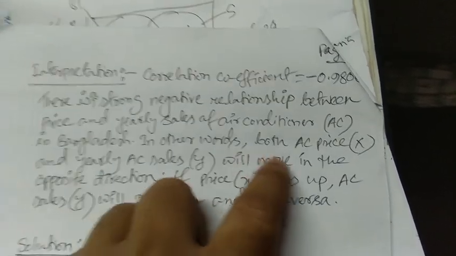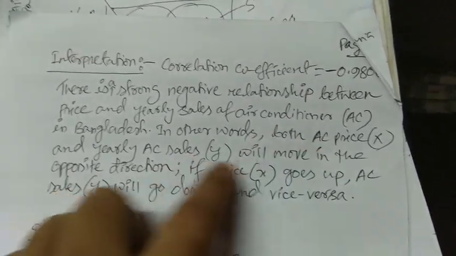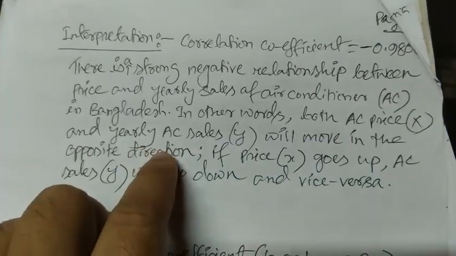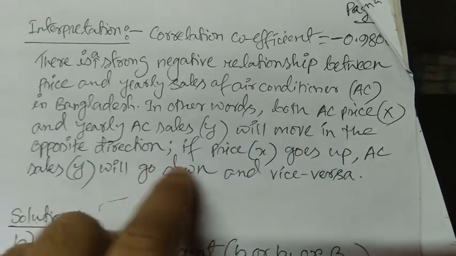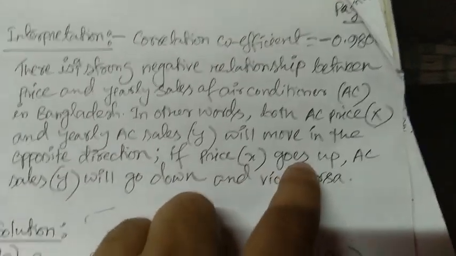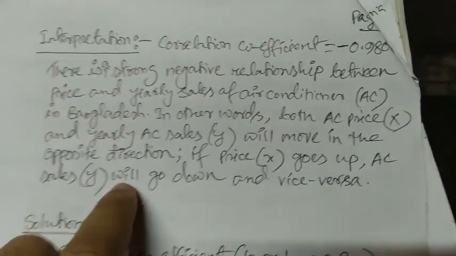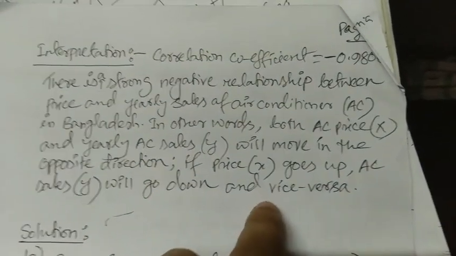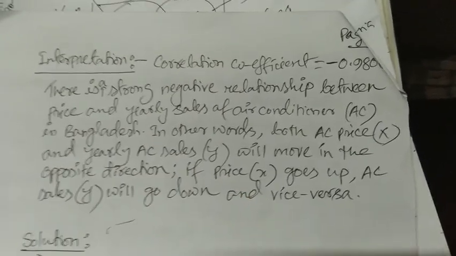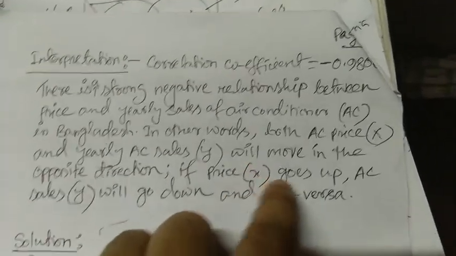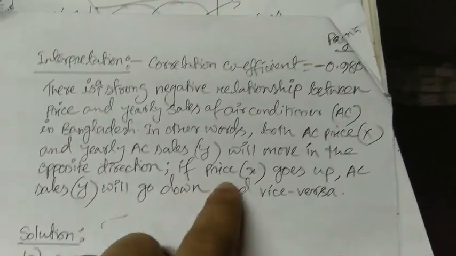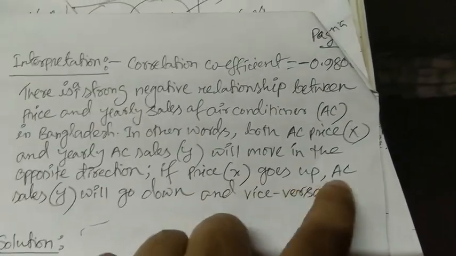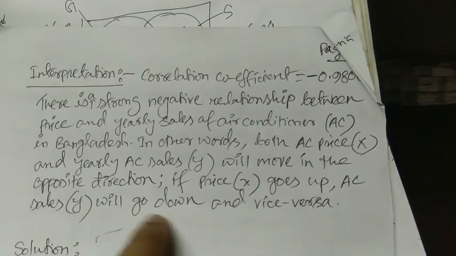In other words, both AC price, that is X, and yearly AC sales, that is Y, will move in the opposite direction. That means if price X goes up, AC sales Y will go down, and vice versa. Vice versa means the opposite is also true: if price X goes down, AC sales Y will go up.